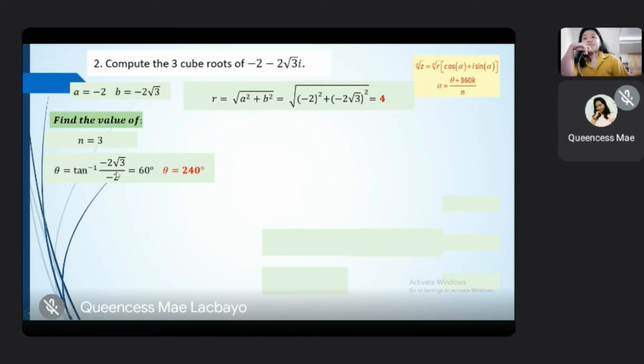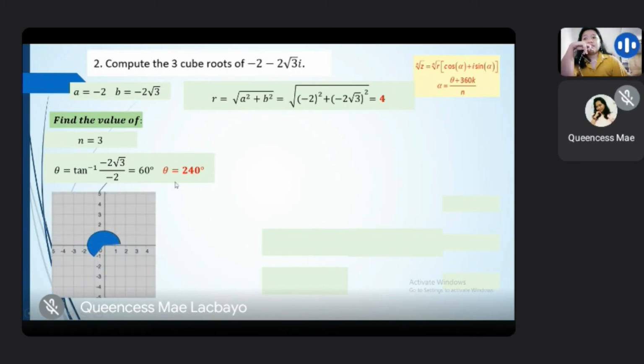To calculate this, arctan of negative 2 square root of 3 over negative 2, using the calculator, is 60 degrees. But same as in the process for the first problem, let us graph it first. Negative 2 here, and then negative 2 square root of 3.